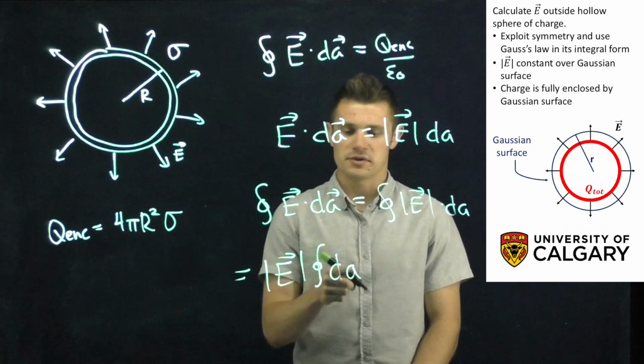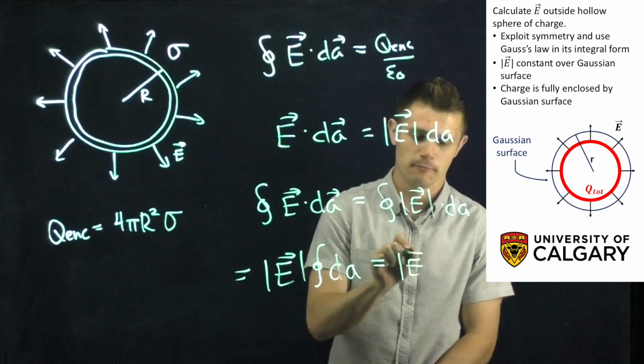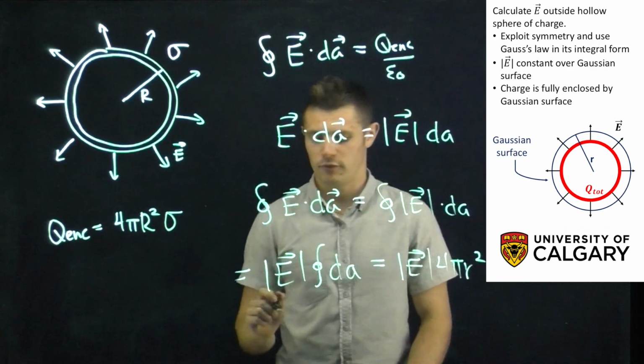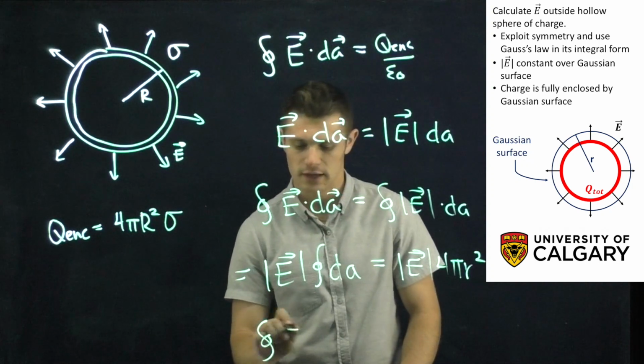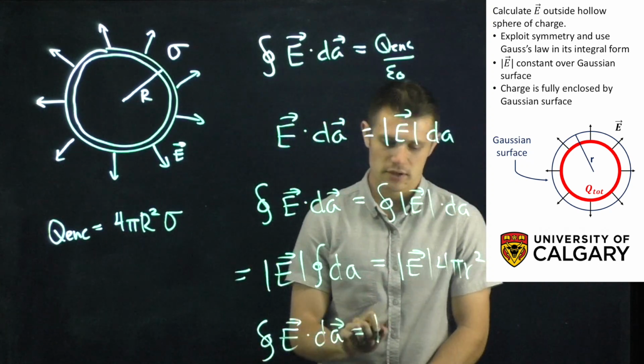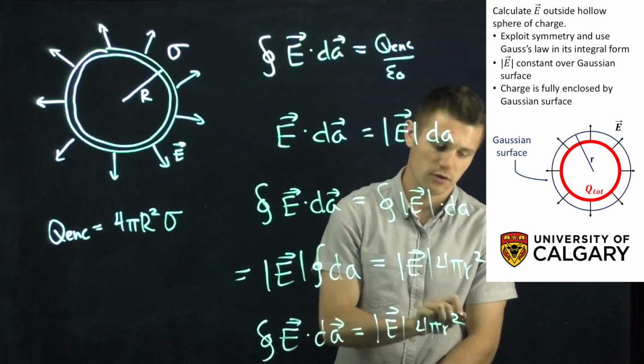And then this closed surface integral becomes just simply 4 pi R squared as before. And so the left-hand side is simply the magnitude of the electric field multiplied by 4 pi R squared.